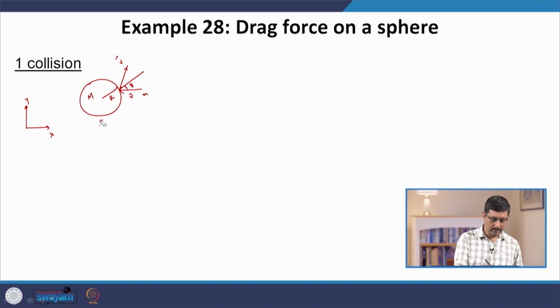This is a trick to make the calculation simple, and our first question is how much is the change in momentum during one collision.